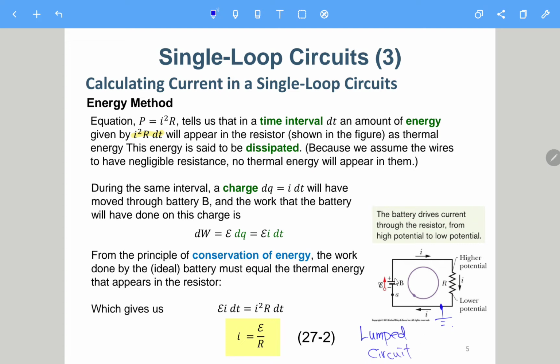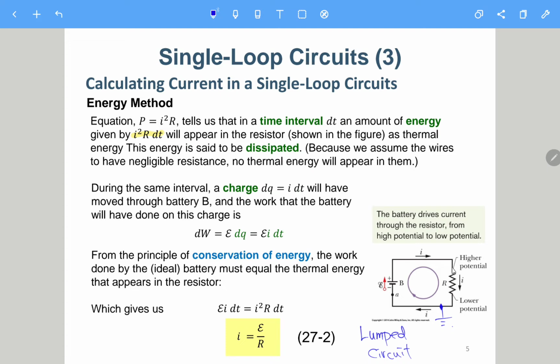Practically the wire should have some resistance, but we count all the resistance at the resistor, and we treat the wire as a perfect conductor, which simplifies our calculation. We usually do that.